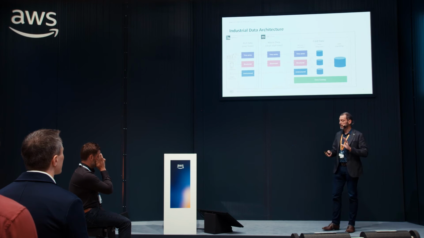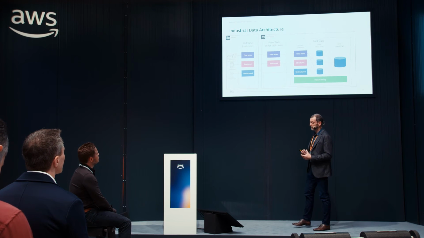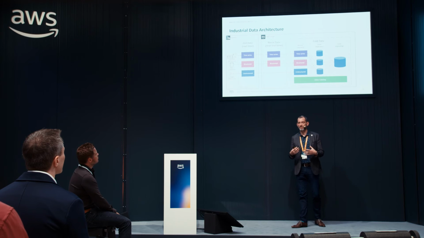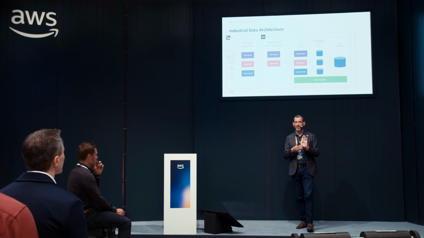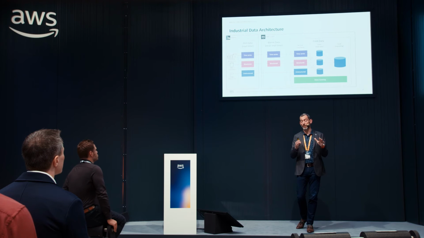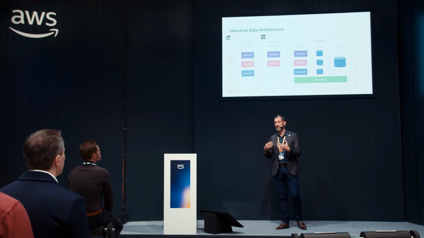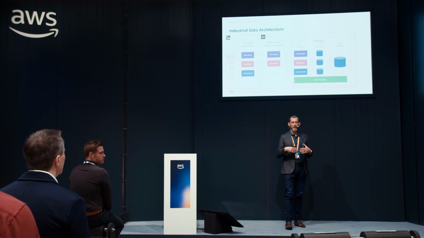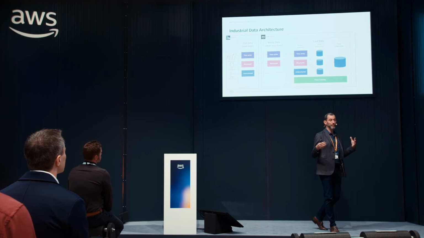So looking at it from a data perspective, this is our data architecture. When we're talking about the data, we see data across three views: our time series data, our structured data, and our unstructured data. But data has use across different use cases.